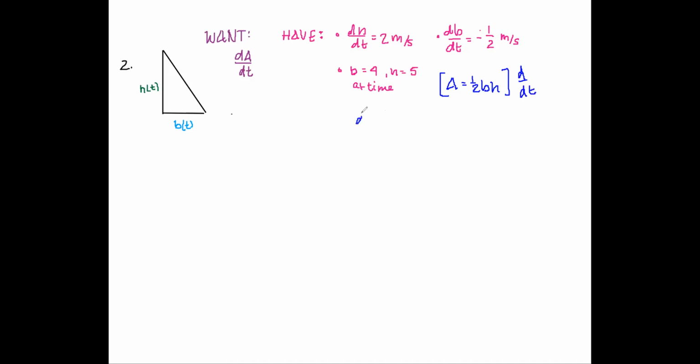So we'll end up with dA dt is equal to, and we can pull out that 1/2 for right now, right? Because it's just going to be a constant times the derivative. Right. And so this is going to be the function b of t times the function h of t. So how am I going to deal with this? We use the product rule. Yep.